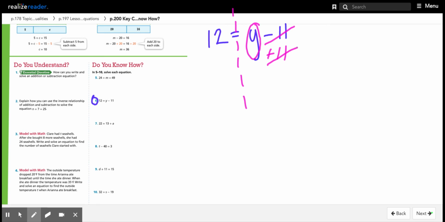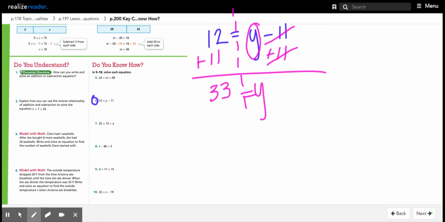That will leave me with just a y on the right side of the equation. But my equation isn't balanced because if I added 11 to the right, I must add 11 to the left. Now my equation is balanced. So I have y equals, well, let's solve that left side of the equation. 12 plus 11 is 33.